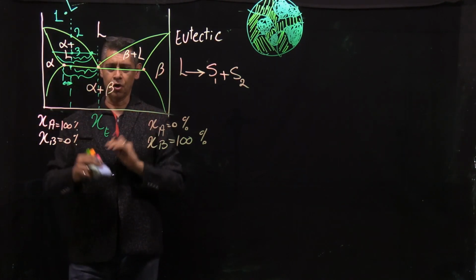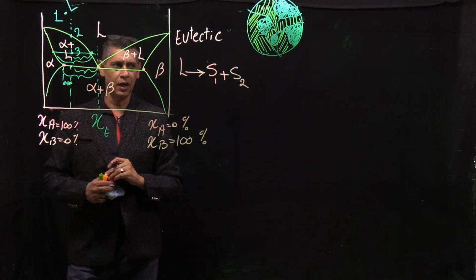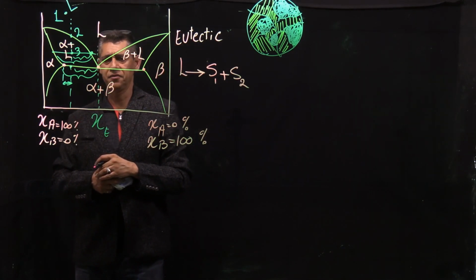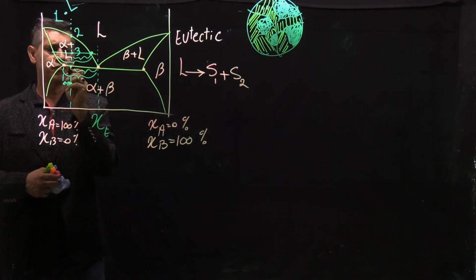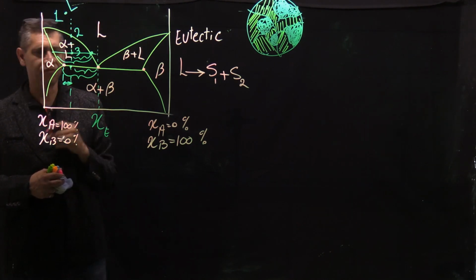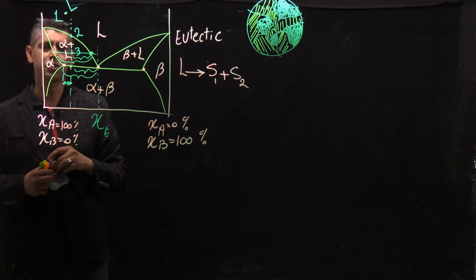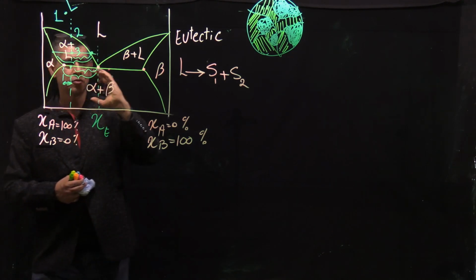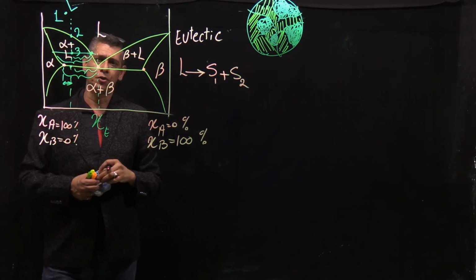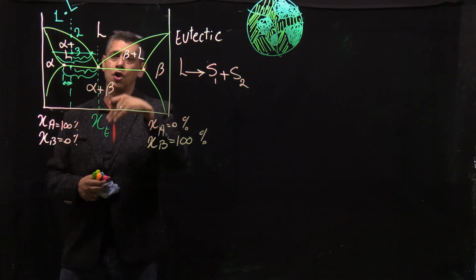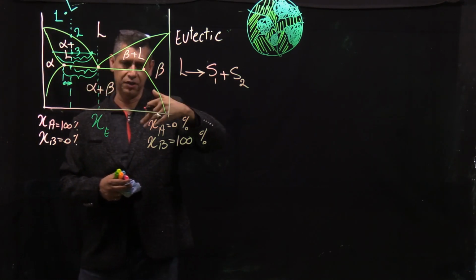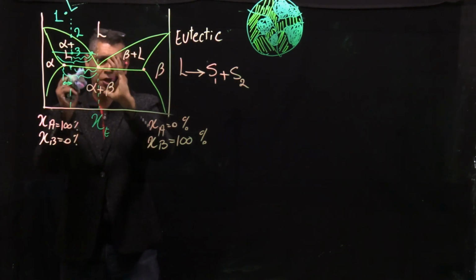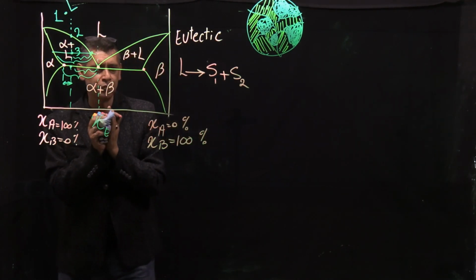So these are all given. I can simply write the inverse lever law for just above the eutectic. I calculate how many percent of solid before eutectic I had, which is called pro-eutectic solid or primary solid, and then I can say the remaining is liquid, and liquid becomes two solids, alpha and beta.